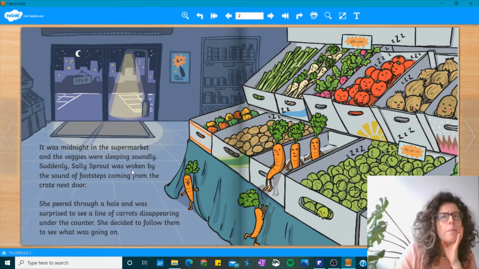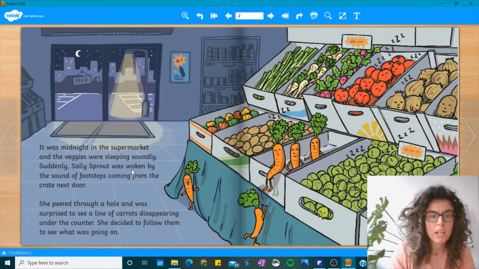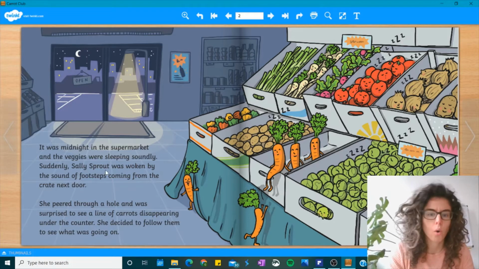But let's say that Miss Gia didn't have a good memory, and she said that it was Polly Parsnip. Is there evidence on this page, in the picture or in the text, that it was Polly Parsnip? No, there's no evidence. There's nothing that says Polly Parsnip was woken by the sound of footsteps.